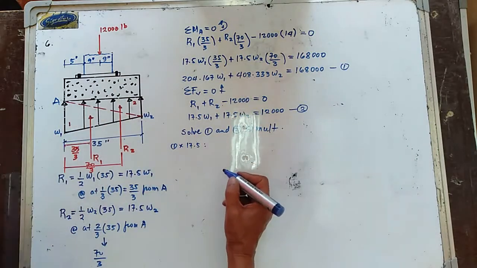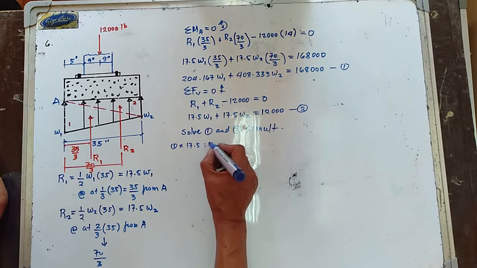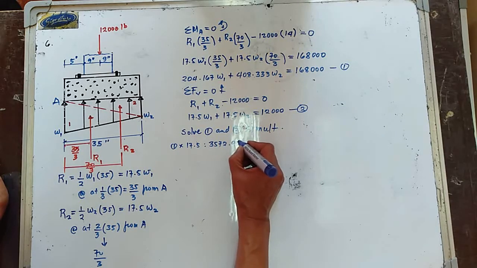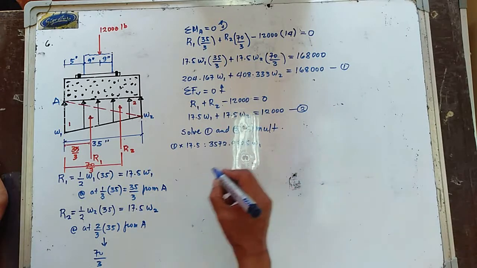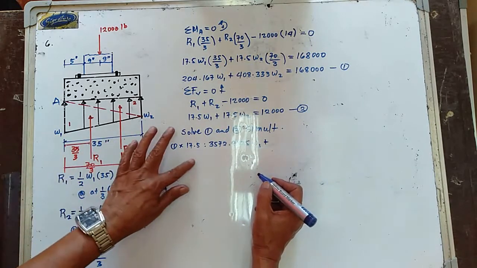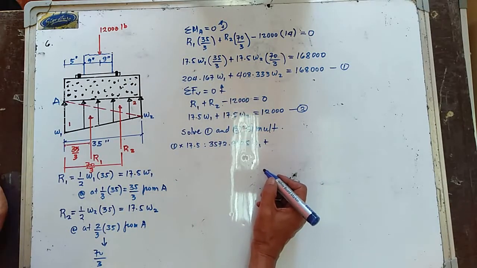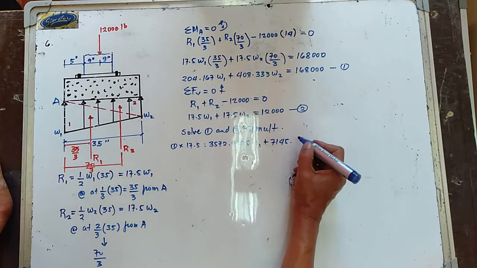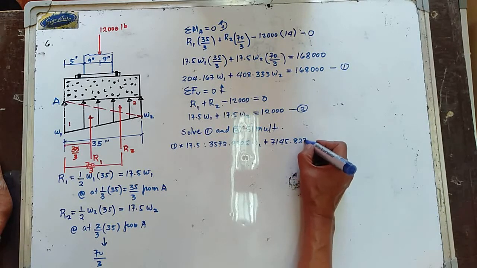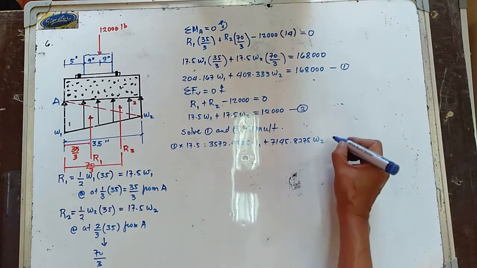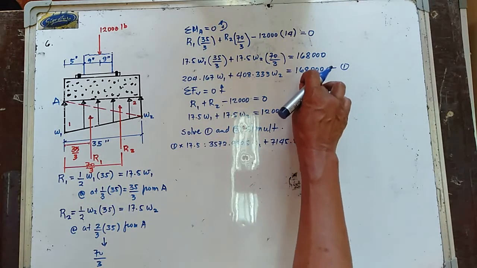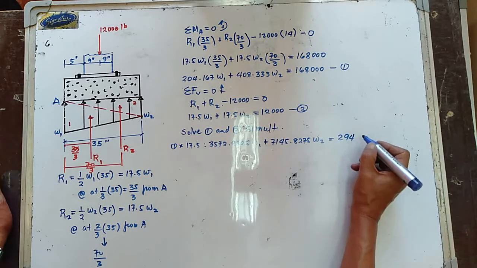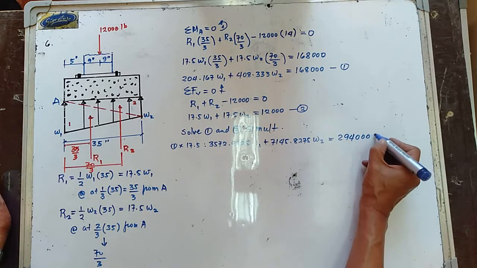So 17.5 by 204 gives 3572.9225 W1, plus 17.5 by the 408.333 is 7145.8275 W2, and this is equal to 168,000 by 17.5, and that is equal to 294,000.